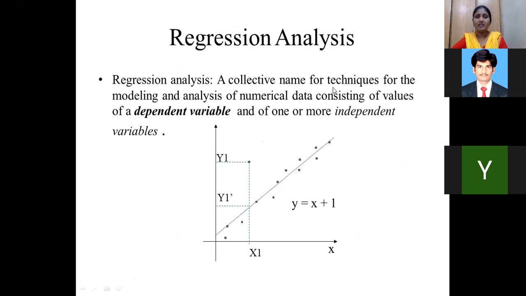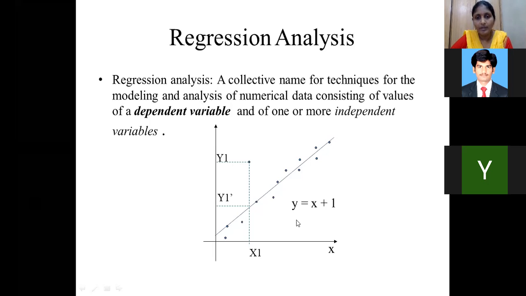Regression analysis is one of the techniques which models the relationship between the dependent variable and the independent variable. Here we take the equation y = α + βx. Here y is the response variable and x is the predictor variable.